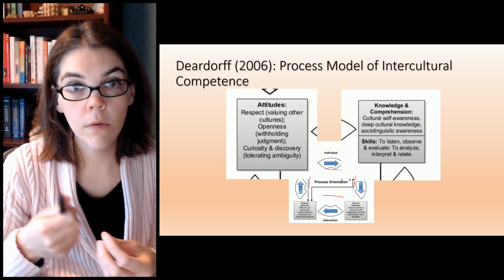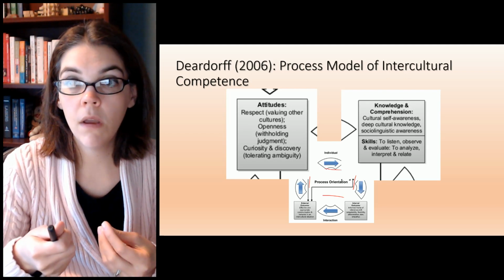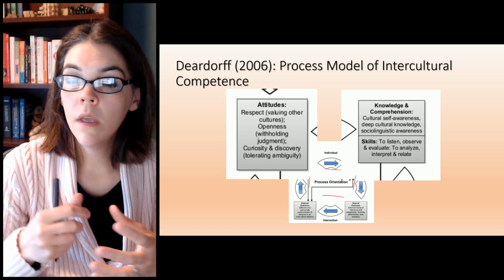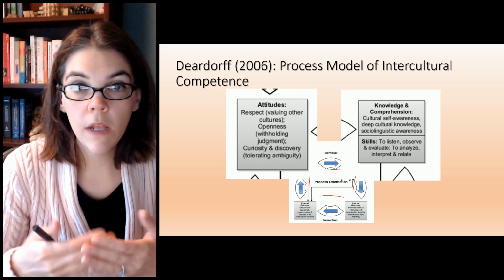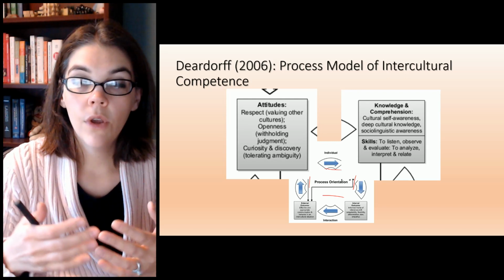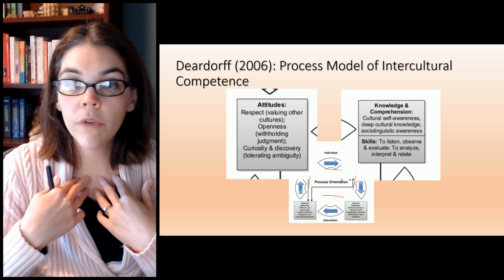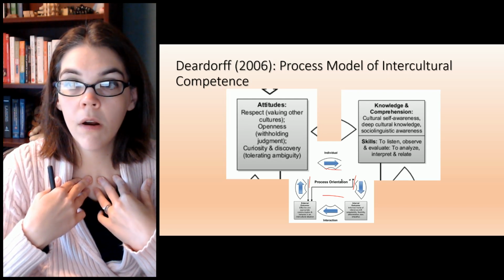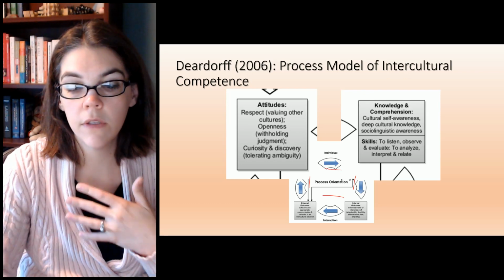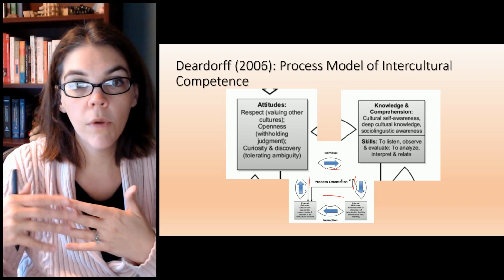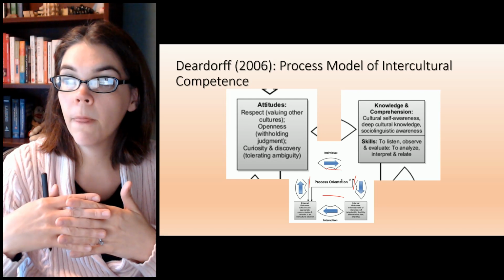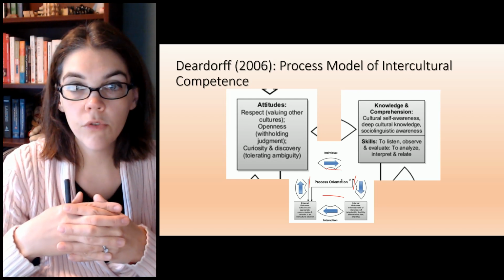All of those skills that we need to be competent. As we use our skills, we're developing our cultural knowledge. We're understanding our own culture. We're starting to feel what the rules are that we are abiding by. And we're seeing difference in the rules with somebody from another culture. We're developing that deep cultural knowledge.